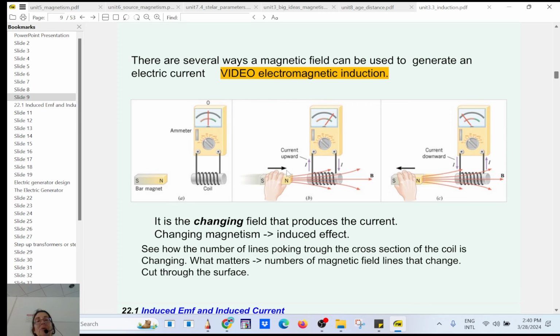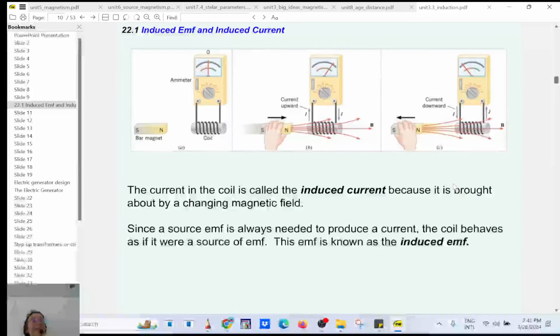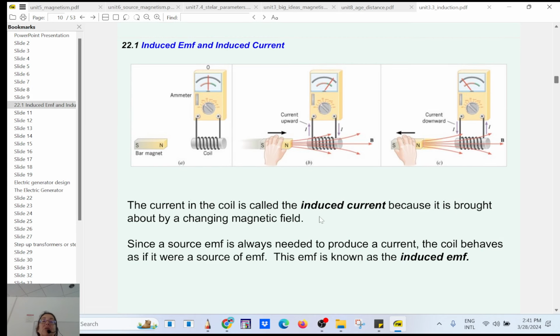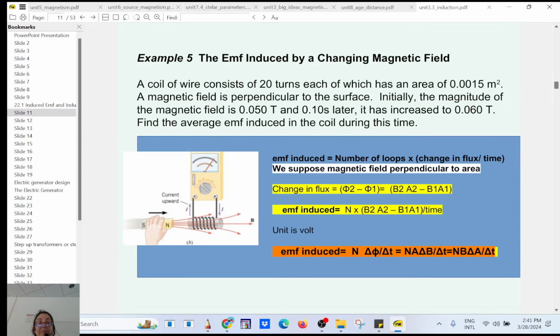Okay? So what matters is the change. So you go in, you increase the number of lines poking through this area, you move away, you decrease the number of field lines poking through this area. Is that clear? Okay? And you're going to induce a current, induce an EMF.